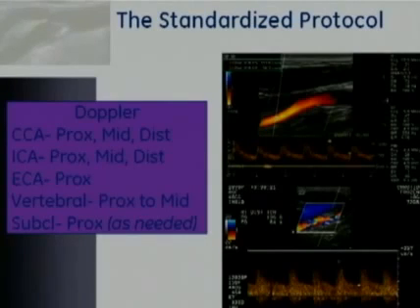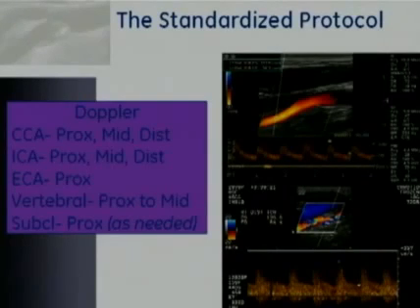Unless there is stenosis, in that case, I take at least 2 readings, one within the area of stenosis, the second further distal, to demonstrate the post-stenotic turbulence. And in the vertebral, the area we're most interested in is the origin, but it's okay to take a mid-vertebral segment and get a nice waveform. And then if we see turbulence, we'll look at the proximal segment where stenosis is most commonly located.